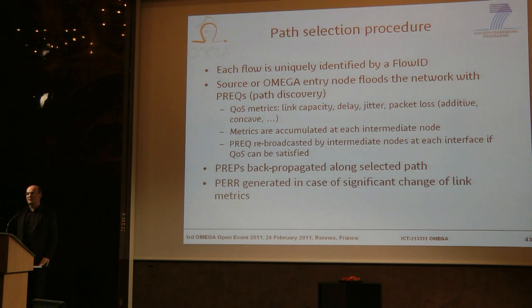Finally, when the path request reaches the destination node, the path reply is back propagated to the source node and activates the path by doing this. In case of a significant change of link metrics or a link failure or breakdown, a path error is generated.